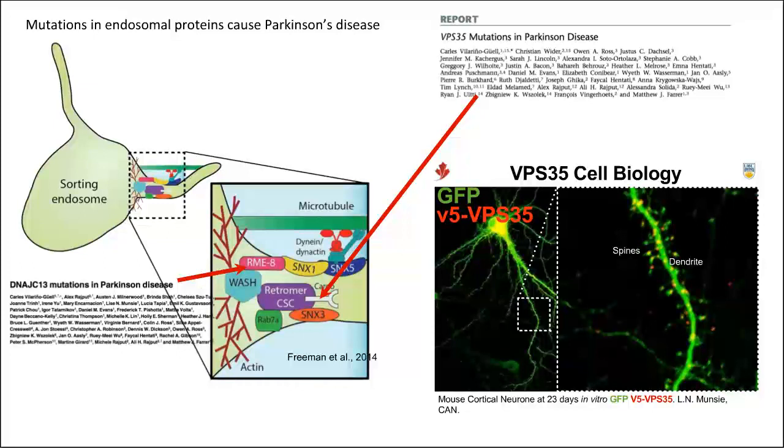We have the dendrite, we have these little spines, and within each of these little spines you can see VPS35 will quite nicely decorate along the dendritic compartments. And we really believe that having a fully functional retromer complex within each of these little synaptic compartments is fundamental to neuronal function.